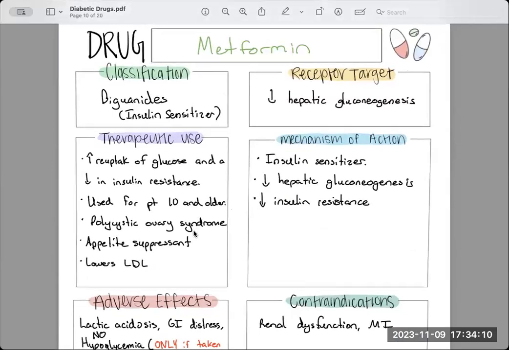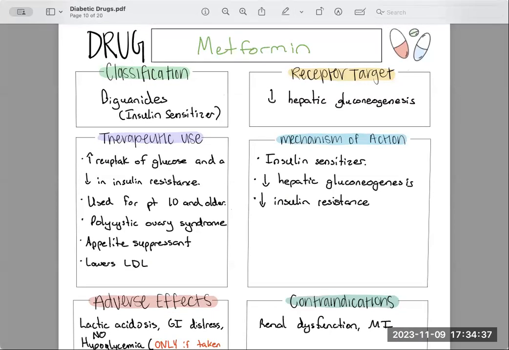Metformin is the most popular anti-diabetic oral agent, and it's part of the biguanide class, which is also an insulin sensitizer. Basically, it makes your body more sensitive, which decreases that insulin resistance, which means, hey, our body can use insulin more, okay? So this drug in particular, metformin, you can give to patients who are 10 and older.